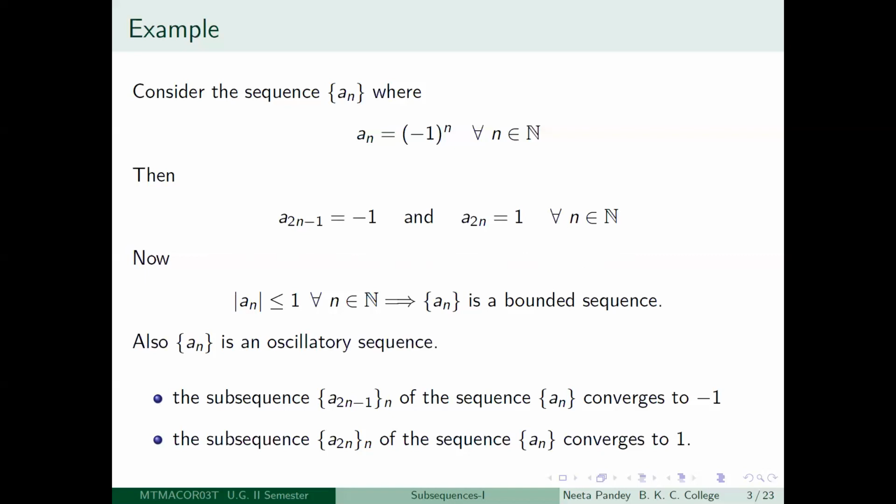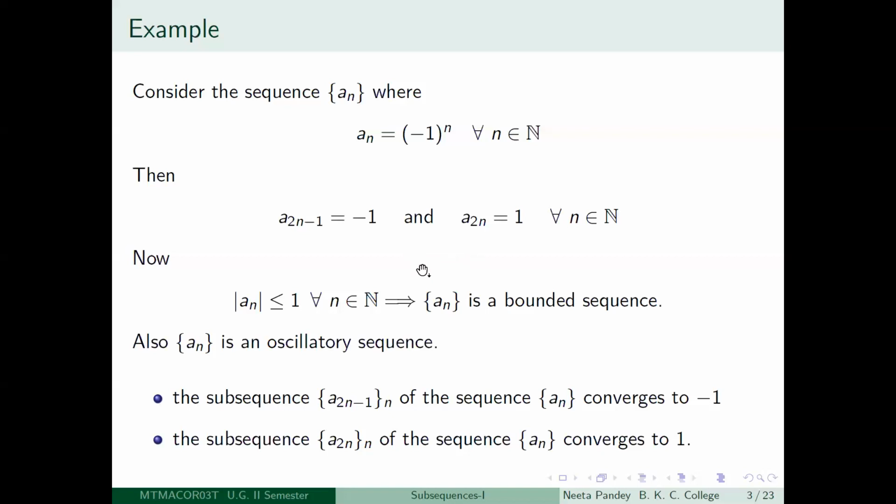So it has to be an odd term after the 500th term of the original sequence. So it can be 503 or 505 or something. Whatever it be, it has to be an odd term. The 102nd term of the subsequence has to be an odd term. The 103rd term of the subsequence also has to be an odd term of the original sequence, and so on.